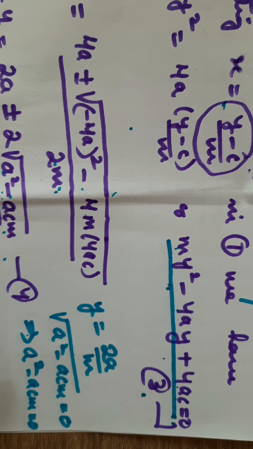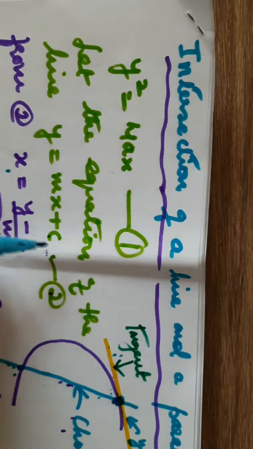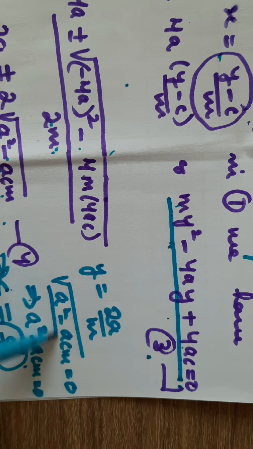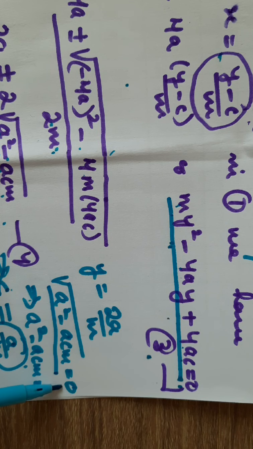You can remove the square root sign. So now from here you can calculate the value of c. So from this equation c will be equal to a by m. So here the particular value of that constant term c in this equation 2 will become a by m when the value of this discriminant is equal to 0. That means when it is a tangent to the parabola.